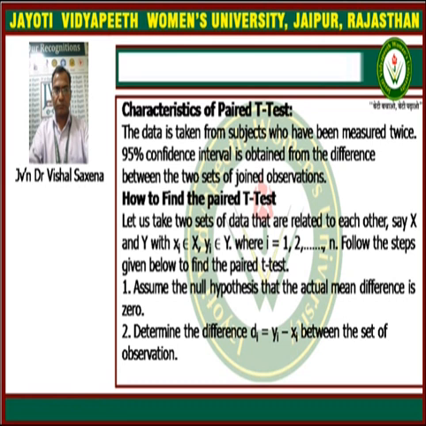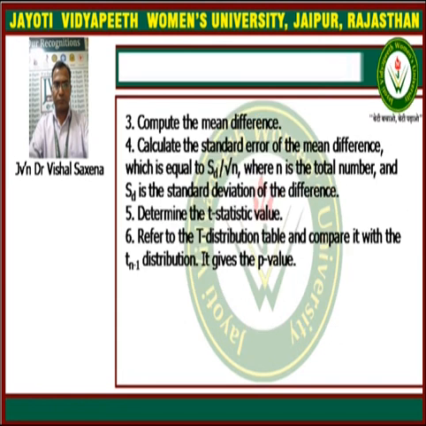So this is our null hypothesis, where we take the mean difference as 0, and in the alternative hypothesis we assume that it is not equal to 0. Second, determine the difference di, which is equal to yi minus xi. Third, compute the mean of the differences. Fourth, calculate the standard error of the mean differences.